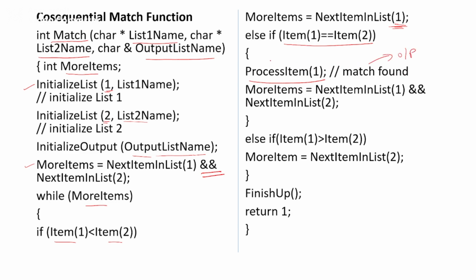In the process item function, you are going to output the matched item. Then in more item, you need to take the next item in list 1 and the next item in list 2. Both you need to take for more item. Once again, if item 1 is greater than item 2, more item is equal to next item in list 2.